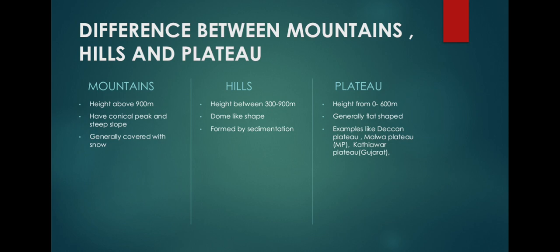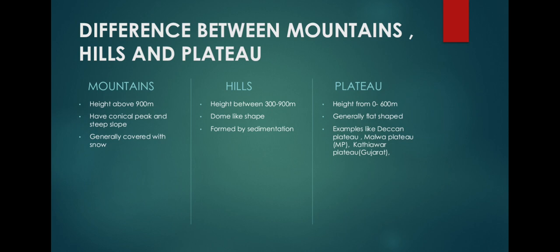The height of hills varies from 300 meters to 900 meters. And a plateau could have no height, or if it goes up to 600 meters, then we call it a plateau.